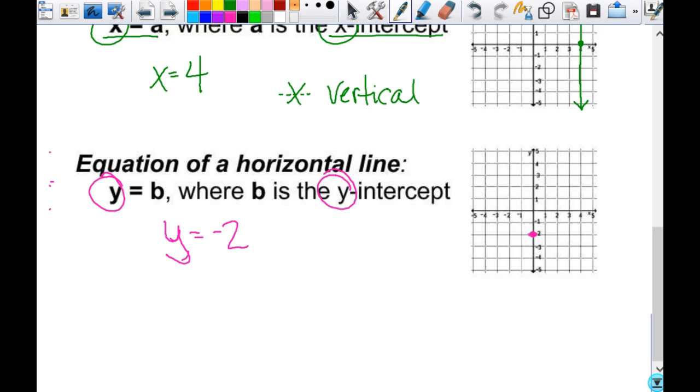Then it makes no sense for this to be a vertical line. I get a horizontal line, put arrows because it is a line. And remember, if you have a lowercase cursive y and you rotate that around, you get a lowercase cursive h for horizontal.